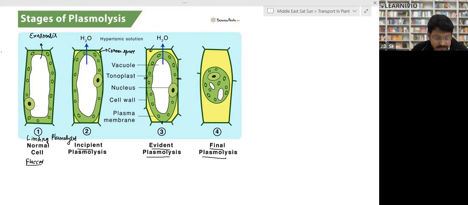Next, incipient plasmolysis. Initially, keeping the cell in extra hypertonic solution, the protoplasm withdraws itself from the corner. Full stop.